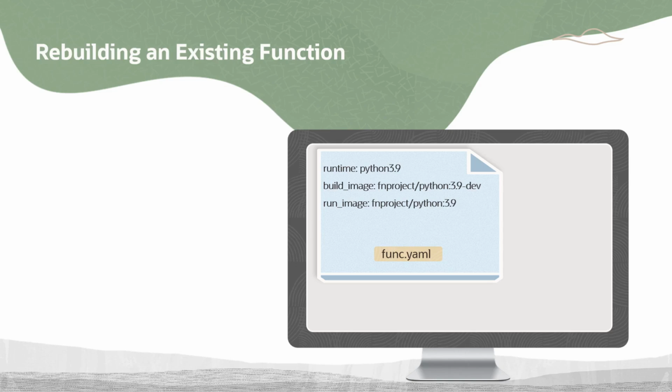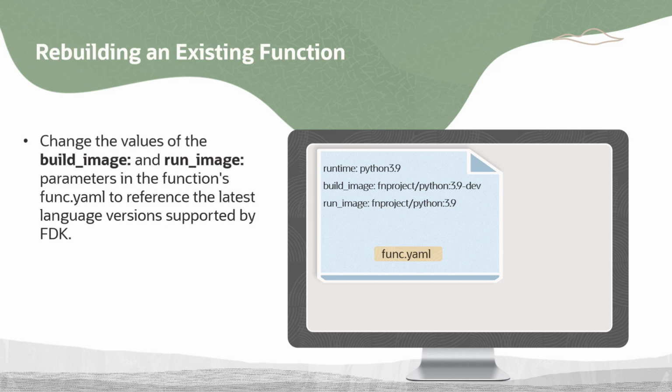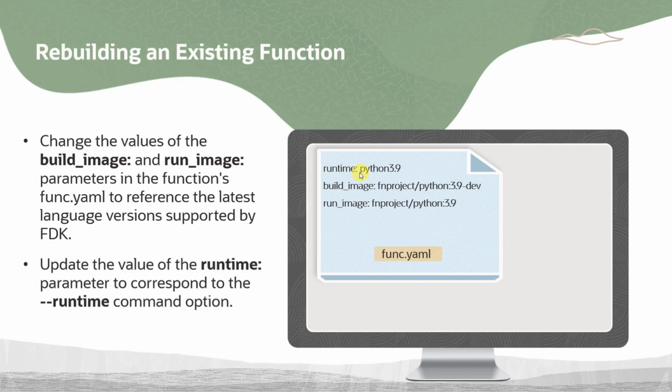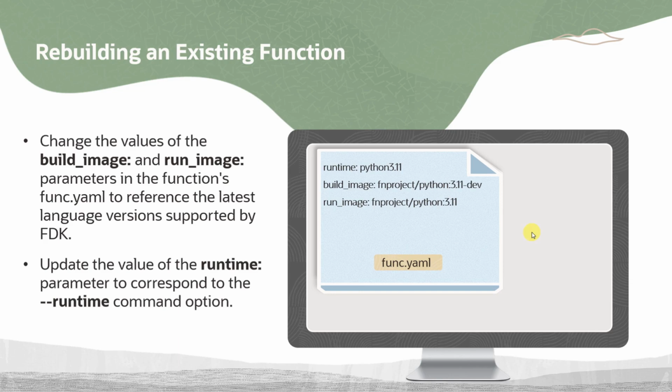If you want to rebuild an existing function that was initially built with Python 3.9 and now you want to build it with Python 3.11, change the values of the runtime, build_image and run_image parameters in the func.yaml file to reference the latest FDK version for Python 3.11. And finally, run the fn build function-name command to bring the new changes into effect.